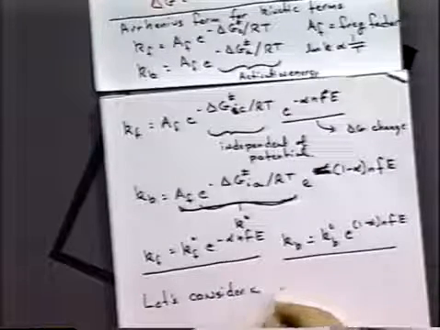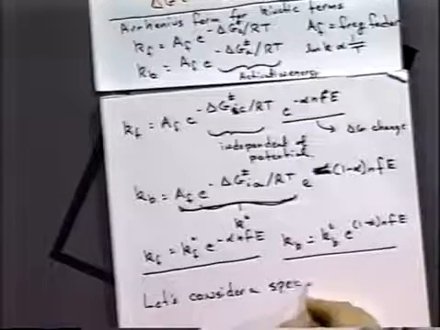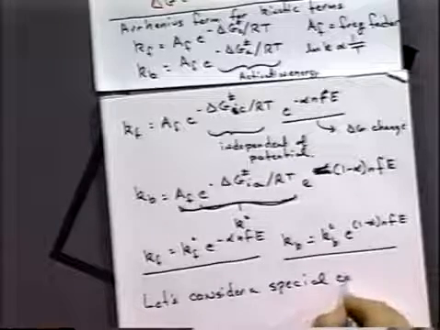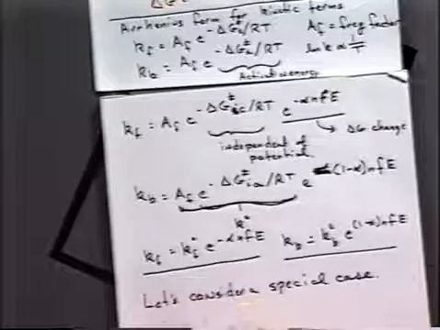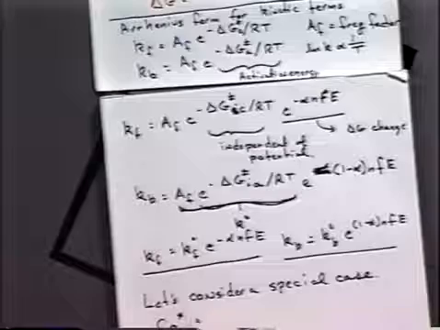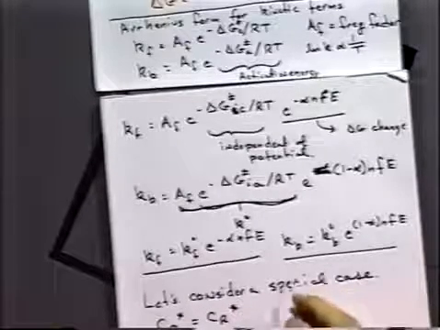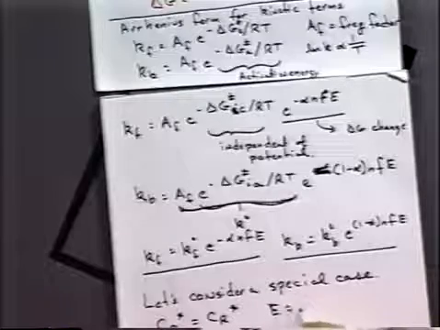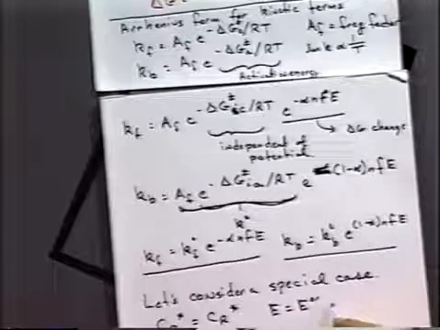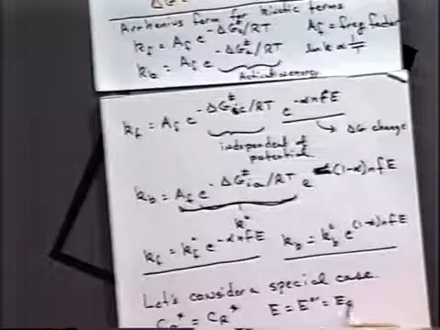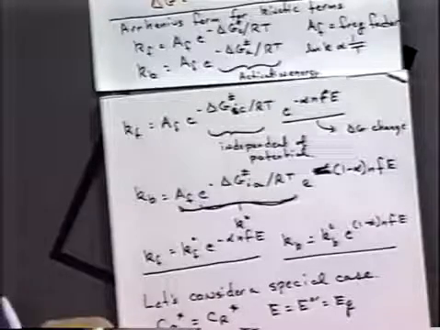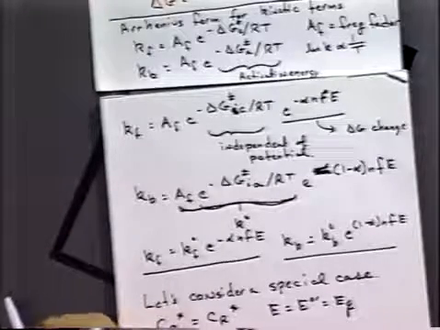Now let's take a special case. Let's make our bulk concentration of our oxidized species equal to the bulk concentration of the reduced species. Let's make the potential of the system equal to the formal potential, also equal to, since CO and CR are the same, the equilibrium potential as well.